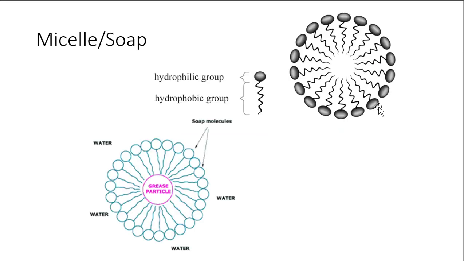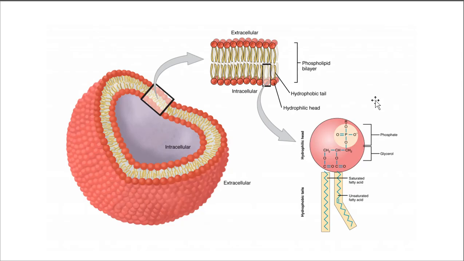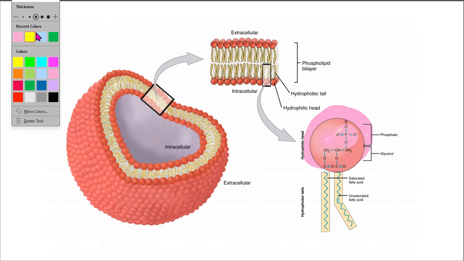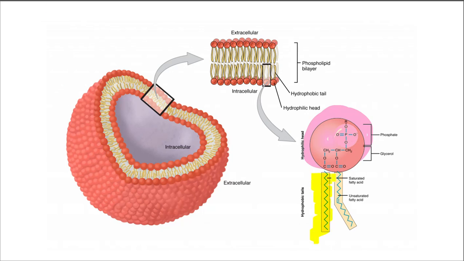So because of that, you form these things called micelles. That's how soap works. More importantly for biology, it is the phospholipid bilayer. These phospholipid bilayers have a polar head on them. So this is the polar head, and it's got these non-polar tails.